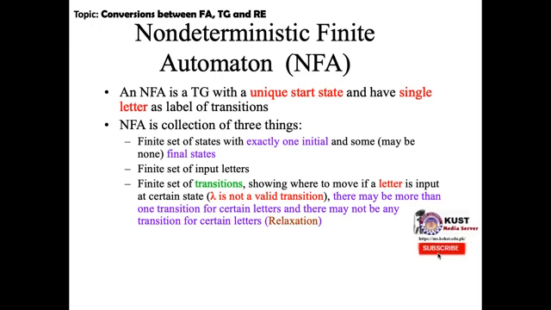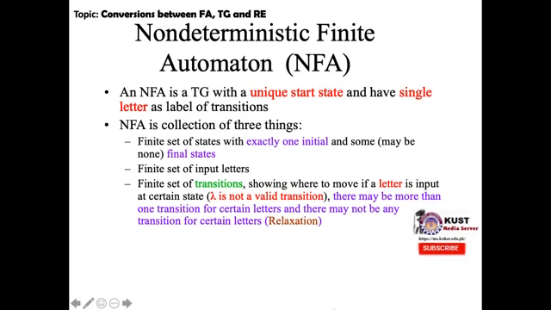So an FA is a transition graph with a unique start state and a single letter as label of transitions. In a transition graph, we have discussed that there can be multiple start states and there can be substrings as labels of transitions. But NFA is different.